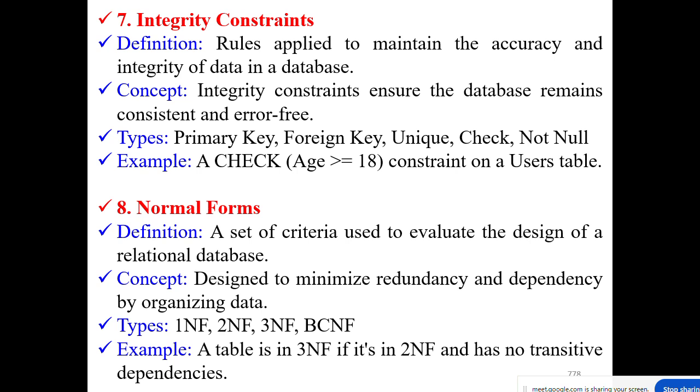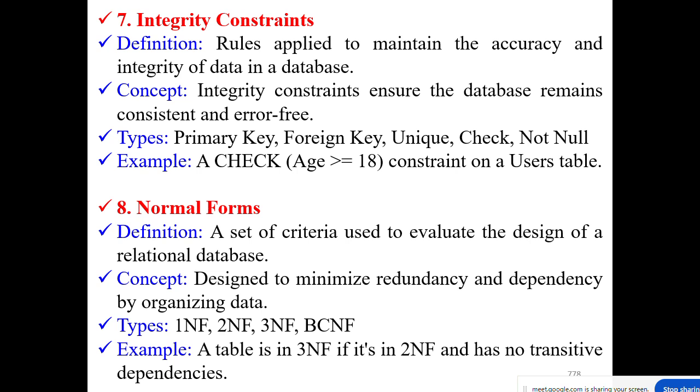With the help of normal forms, we eliminate those things: first normal form, second normal form, third normal form, BCNF, fourth normal form, fifth normal form. That means in each normal form, we eliminate one kind of redundant, noisy, inconsistent, dirty data. These are the steps and types of normal forms we use.